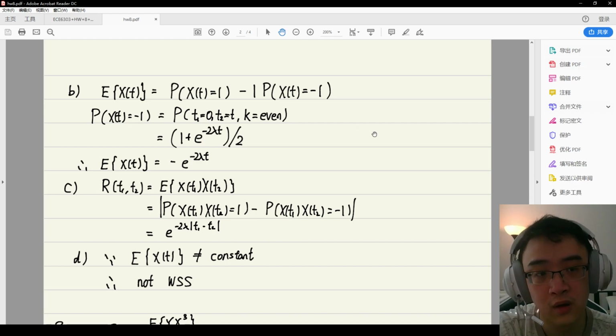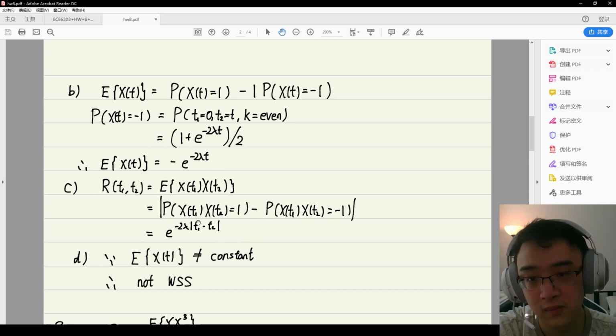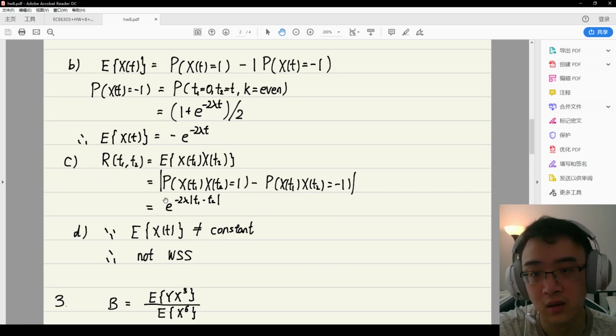So we need to find out the absolute value for this part, and the part will be this, because we already got the answer in question B. So just get the absolute value. So it will be this part. The answer will be e to the -2 lambda times the absolute value of t1 minus t2.